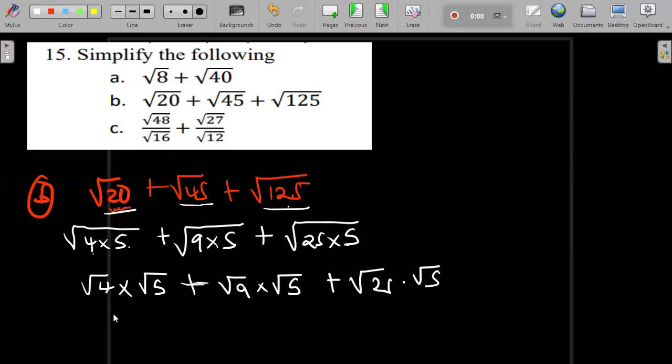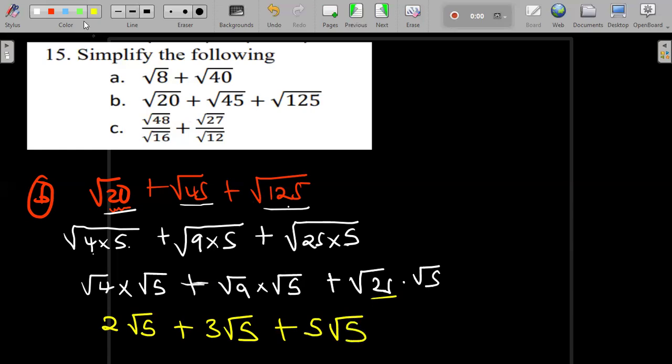So from there, what is the square root of 4? The square root of 4 is 2. And then here we have the square root of 5. And then plus the square root of 9, which is 3. And then we have the square root of 5. And then plus, what is the square root of 25? It's 5. And then we have the square root of 5.